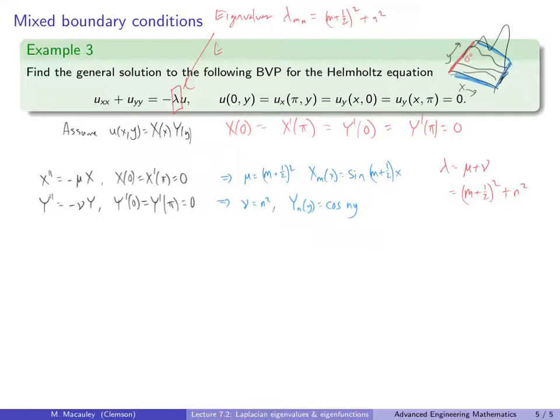And the eigenfunctions of the Laplacian are u_mn of x,y is sine of (m plus 1/2) x times cosine of ny.